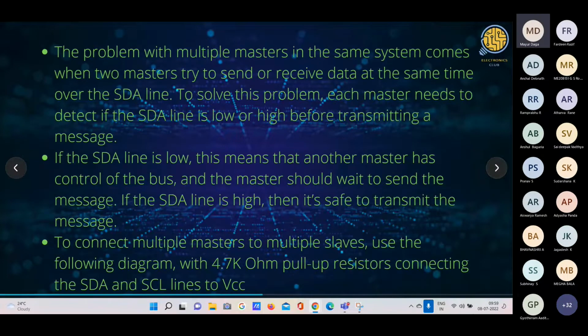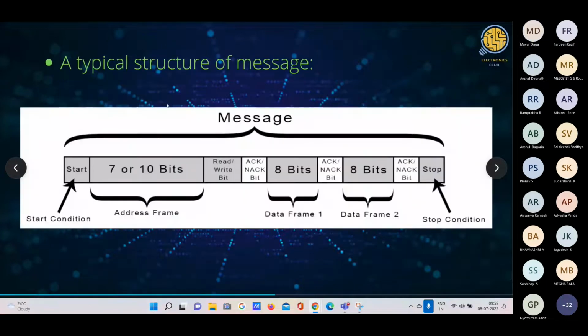Yeah, that's what this slide covers. Now we will take a typical example of transmission of data from a master to a slave. How does it happen? There are 5 stages of transfer, and these 5 stages together are known as a message.